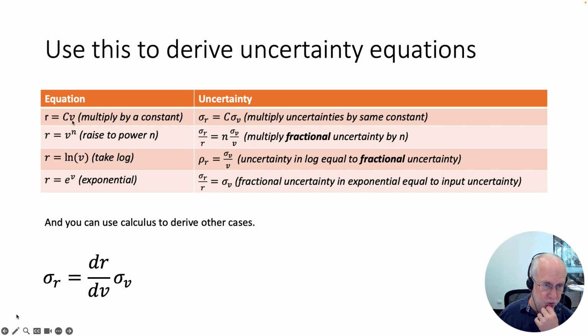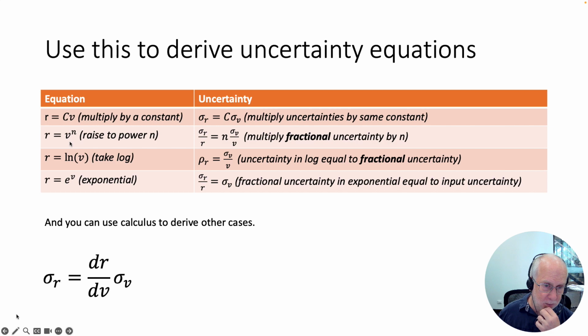You've got R equals cV, differentiate that. dR by dV is just c. So that tells you, according to the equation down here, that the uncertainty in R is just the constant times the uncertainty in V. Very straightforward. So if you're measuring 25 times something, the uncertainty is just going to be 25 times what the uncertainty in the something was. I wish it was all that easy.